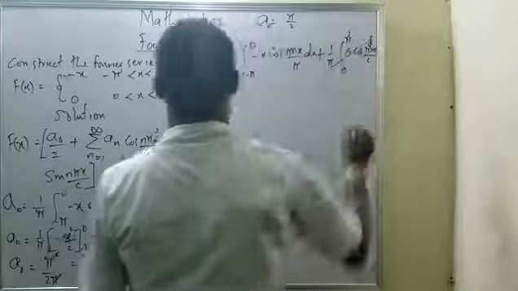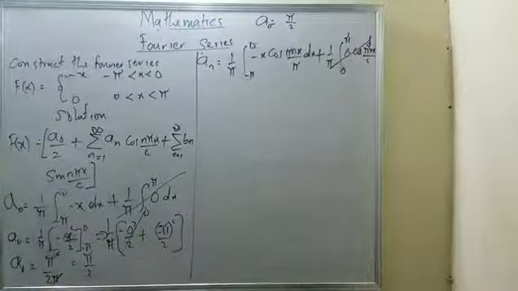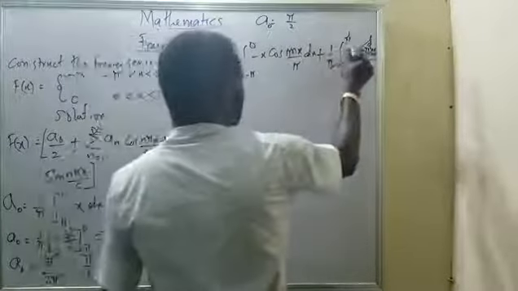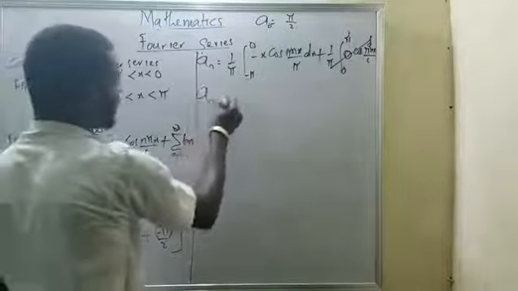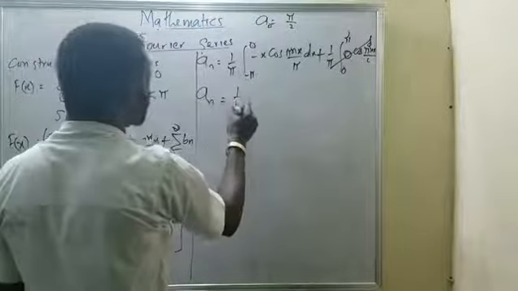Now everything becomes useless because the 0 has neutralized the whole thing. Now I have a of n equals 1 all over pi.